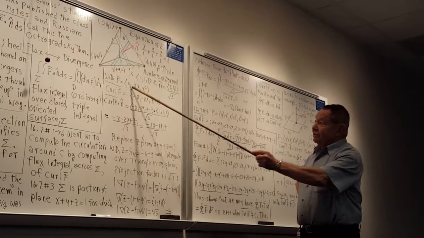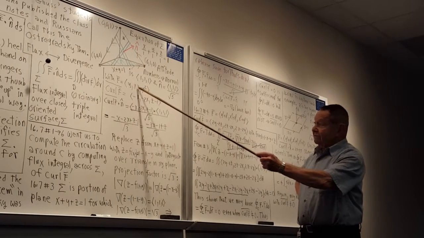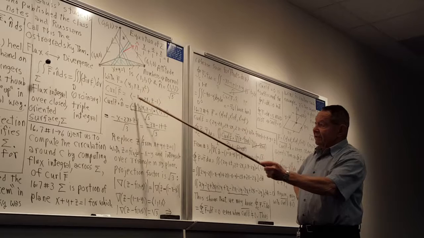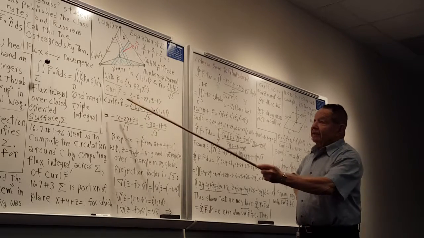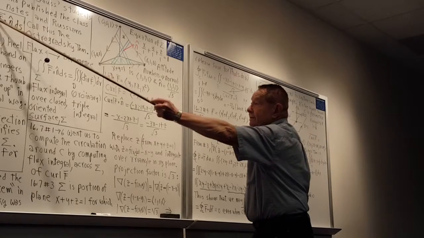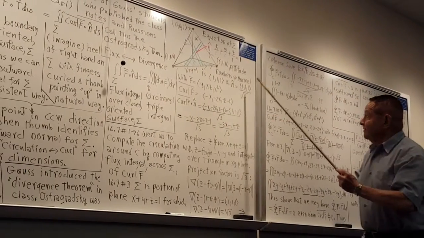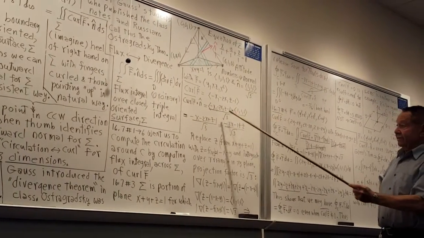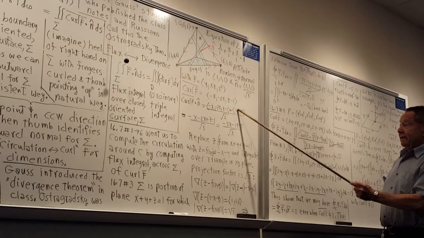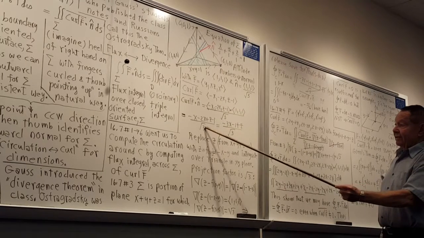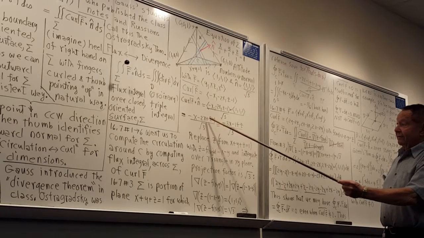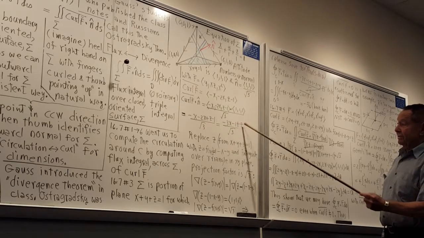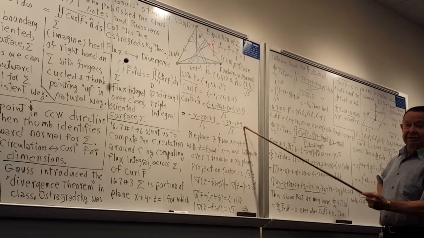So if this is your field, this is what the problem gives, you do the curl, and you get this. Then you're doing curl F dot n, which is this vector, and so that comes out that way, and then you can collect your terms, and so you have this.